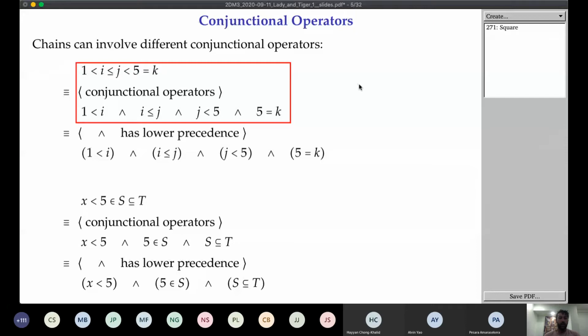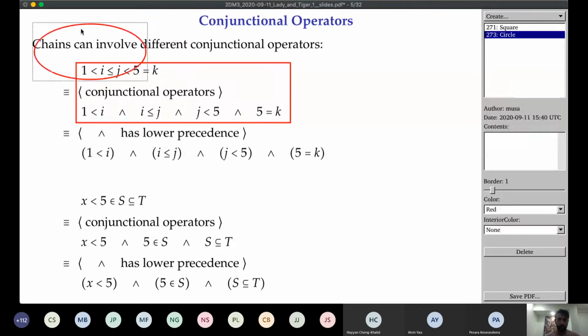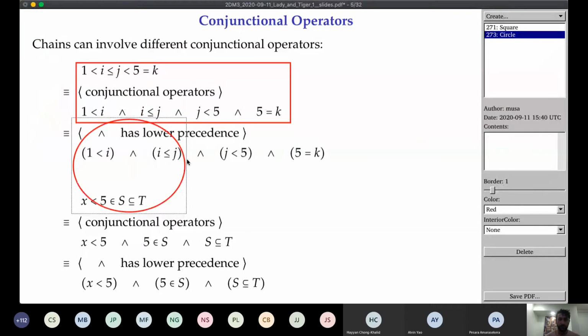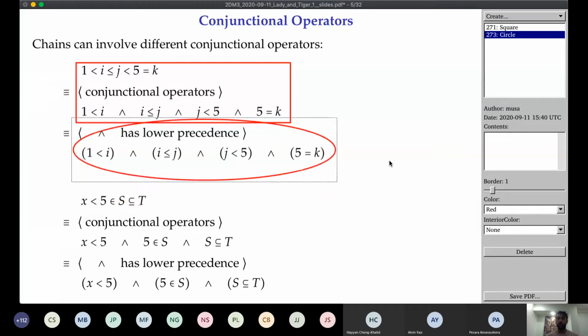So the need to have conjunctional operators is for the same reason we have precedence. If you notice, this bottom part, the bottom oval, involves a lot of parentheses, and we use precedence to avoid the excessive parentheses.